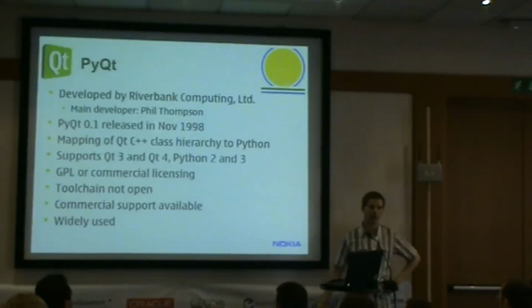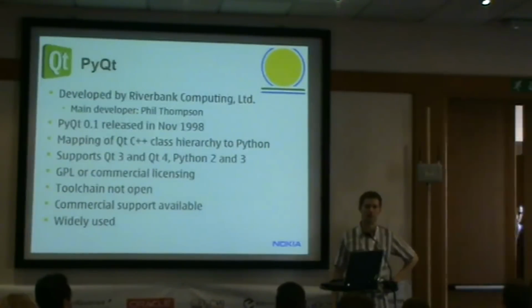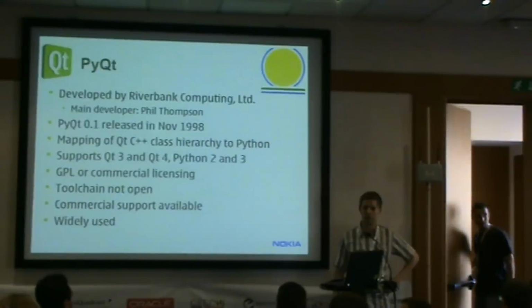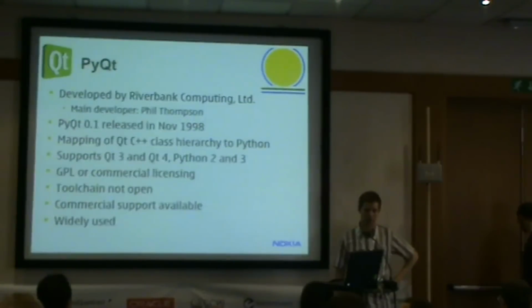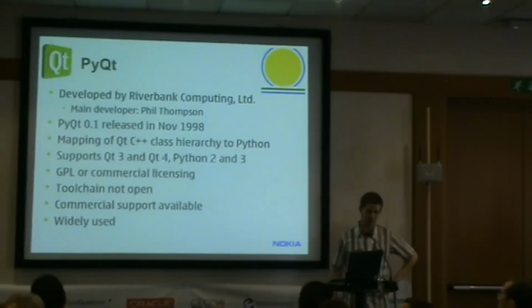So if you're a company and you need commercial support for the tools you're using, PyQt has that, and it's currently the most widely used Python bindings project for Qt.